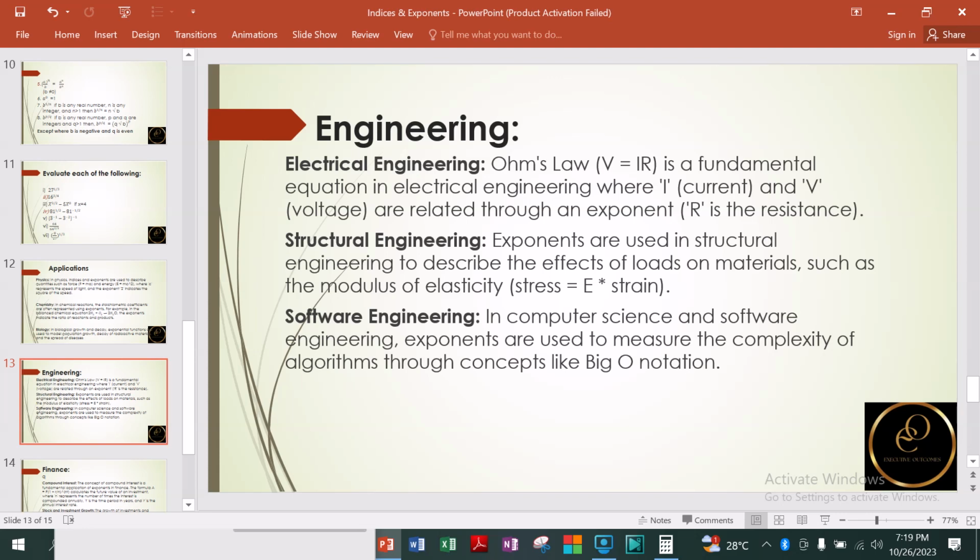We also have structural engineers, who work with stress: how much force can this particular structure withstand, or if it is being stretched, to what extent can it resist being snapped? So that is structural engineering. Even software engineers have these applications.